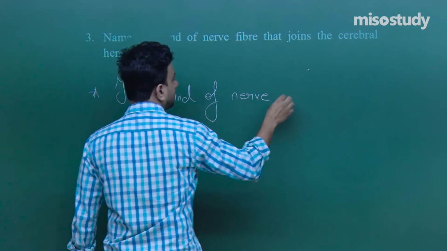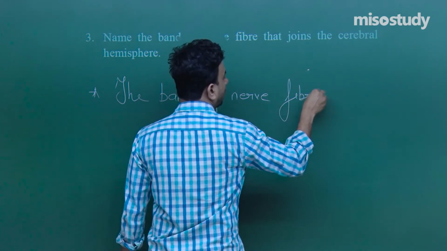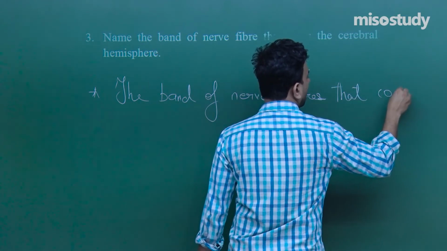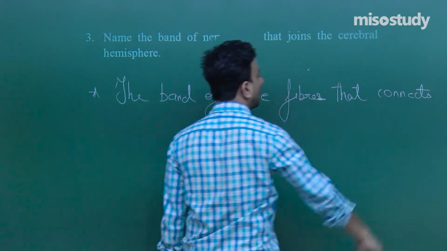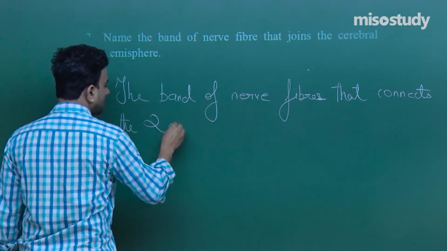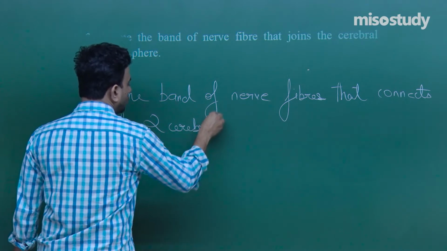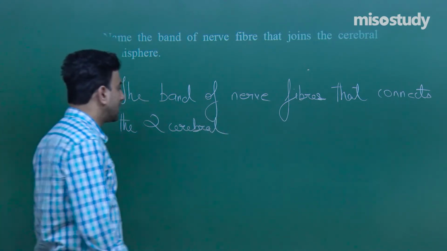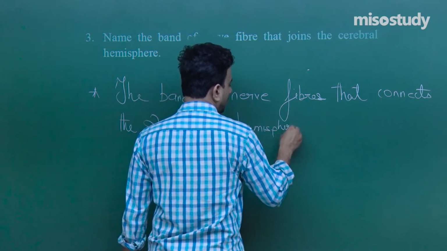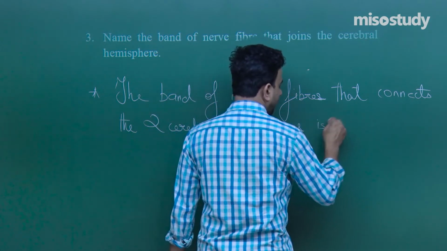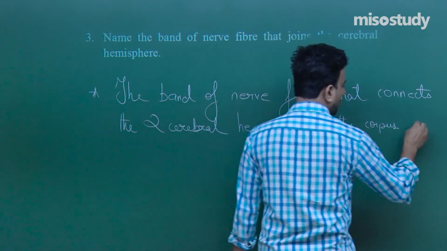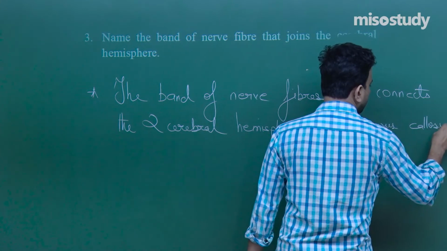The band of nerve fibers that connects the two cerebral hemispheres is the corpus callosum.